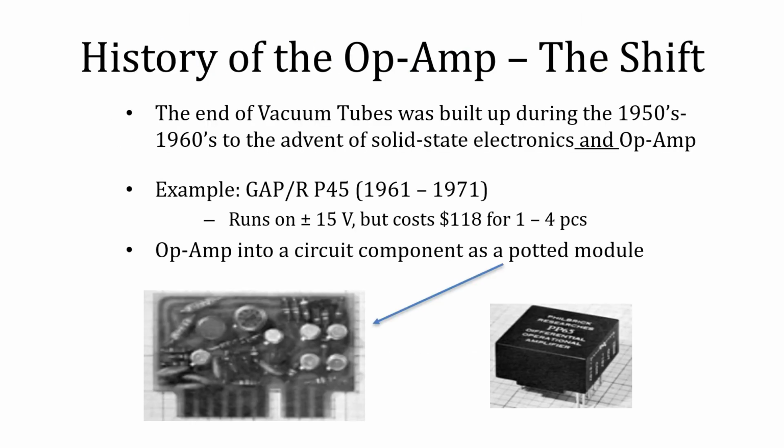Early op-amps were like a potted module. It's like a pot into which we have put so many things. You can see on the screen that various individual components have been used, like resistors and transistors. They were clubbed together into a module or a case and then used like a single component.